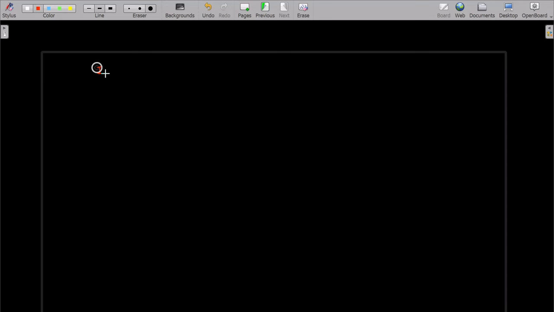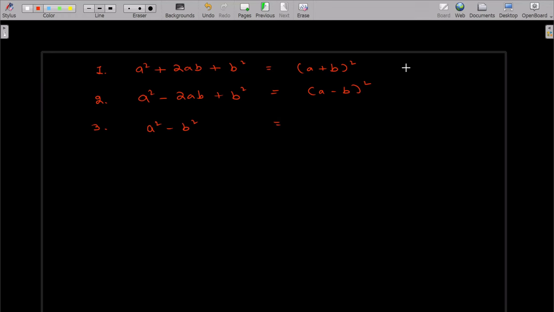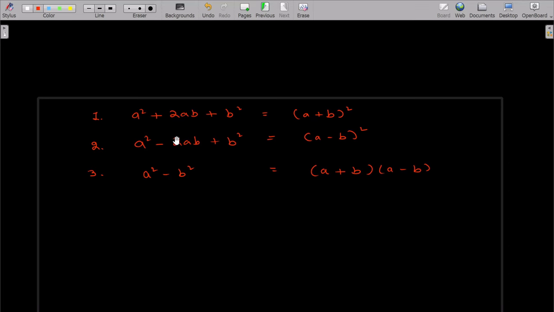The first one is a square plus 2ab plus b square, I'm writing the opposite, that is equal to a plus b whole square. The second one is a square minus 2ab plus b square is equal to a minus b whole square. And third one, can you tell me what is a square minus b square? A plus b and then a minus b. Yes, these are 3 fundamental algebraic identities, and these are used.